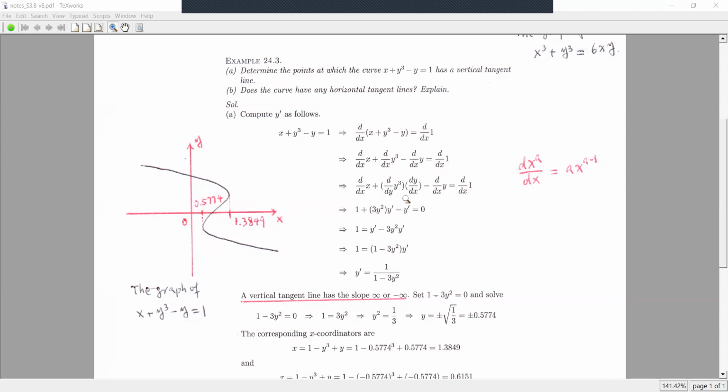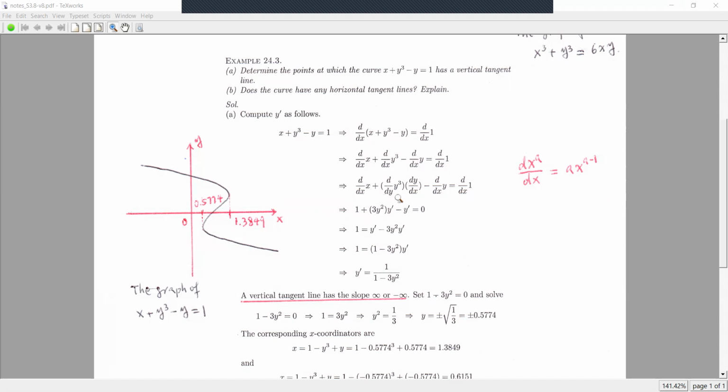Now, I have 1, 2, 3, 4, and 5 derivatives to compute. The derivative of x with respect to x is 1.